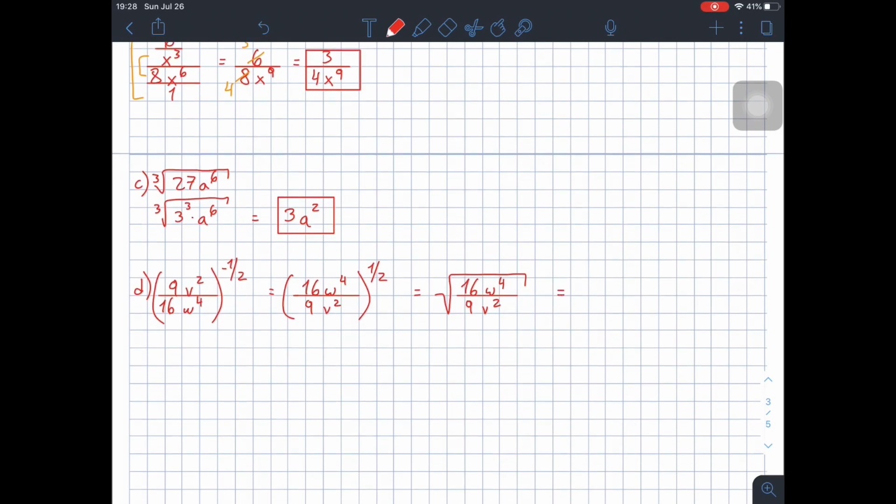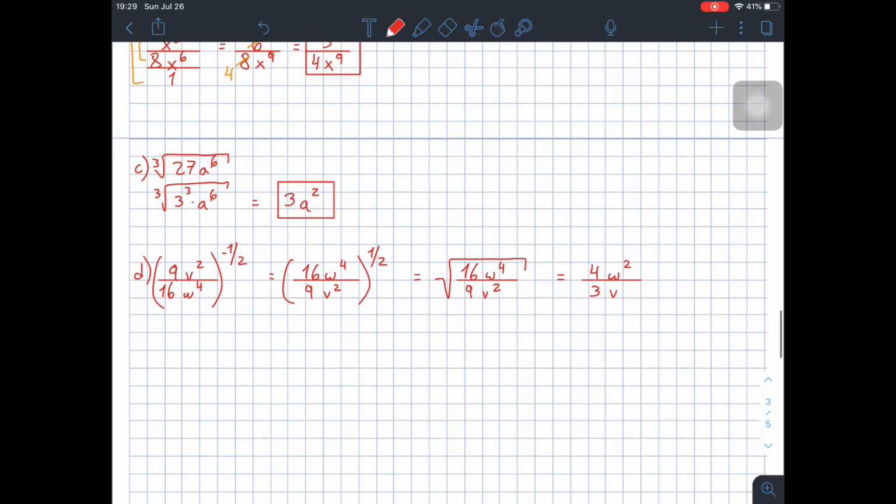The square root of 16, that's 4. The square root of w to the 4th power, that's w to the 2nd power, because it's 4 divided by 2, over the square root of 9, that's 3, times the square root of v squared, that's 2 divided by 2, which is 1. So this is 4w squared over 3v. And that is the result.